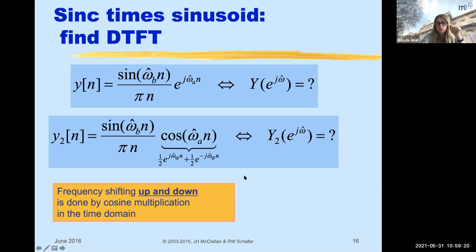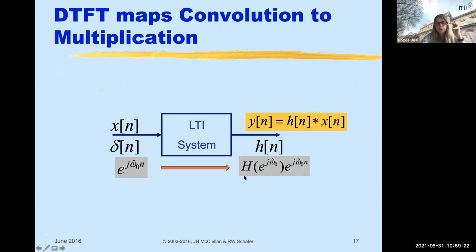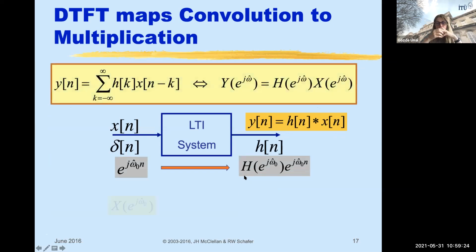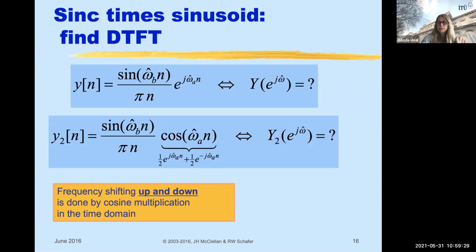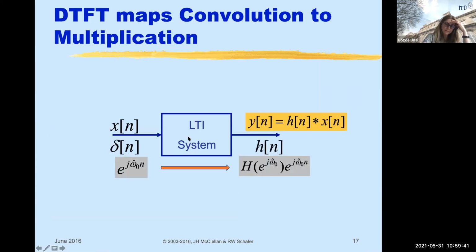I wish they showed it here, but you see what I'm saying, I hope. The Fourier domain representation is shifted when I multiply by cosine, to plus minus omega hat A.